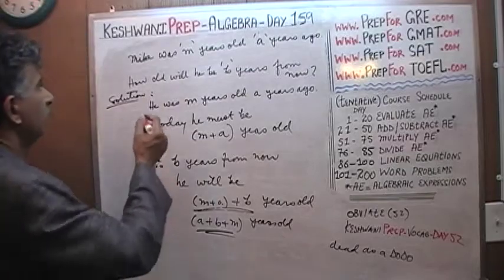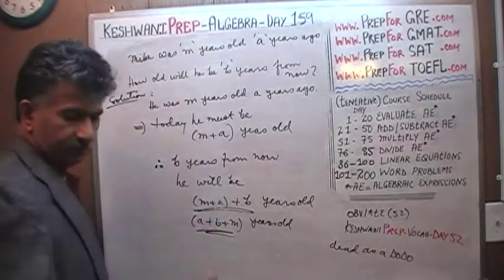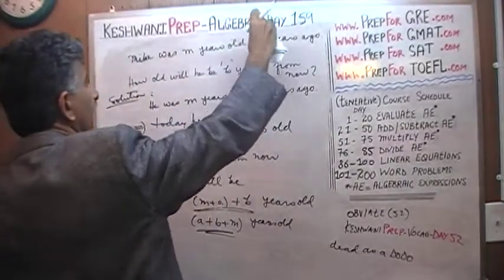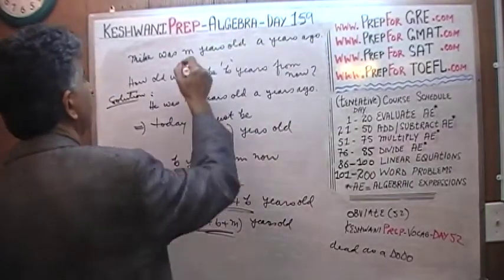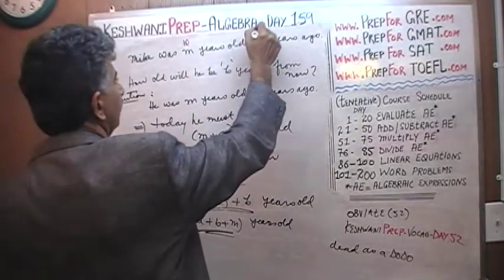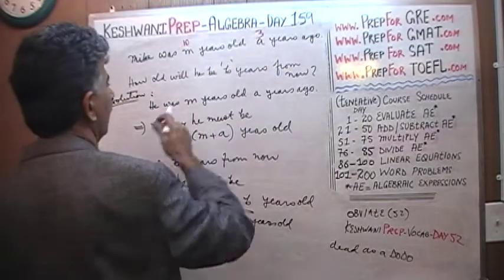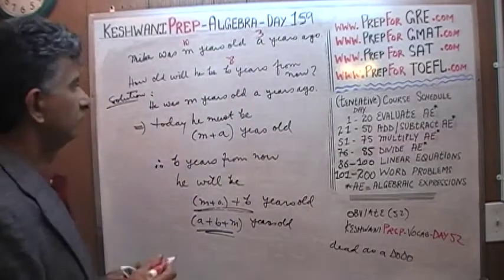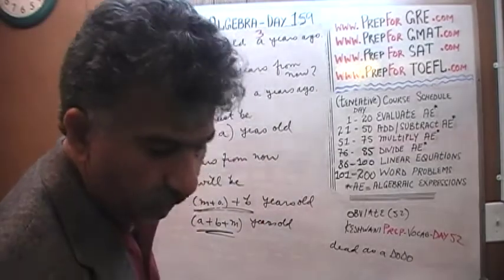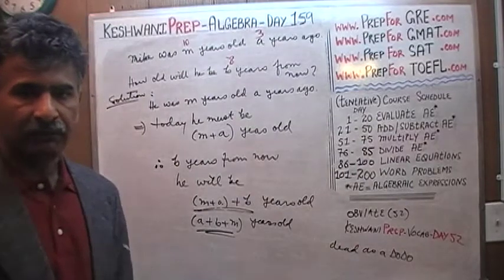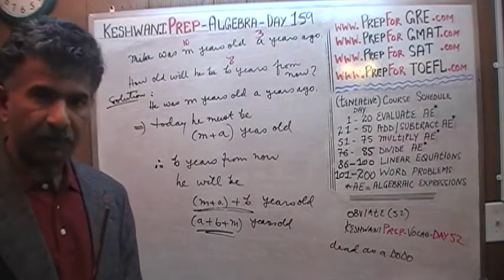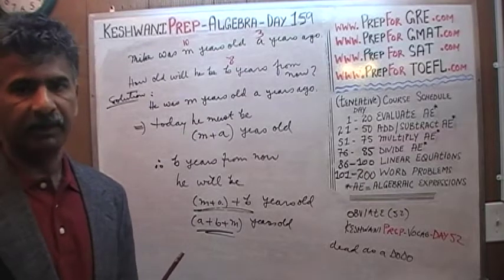For example, if we are told that he was 10 years old 3 years ago, how old is he going to be 8 years from now? Well, so now the question reads like this. That's the whole point of plugging in numbers in the problem, so that we can convert an algebraic problem into a very simple arithmetic problem.